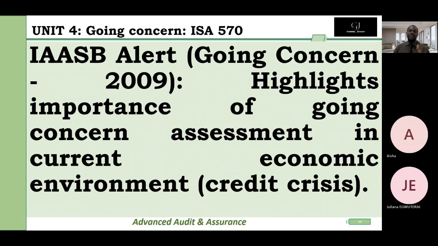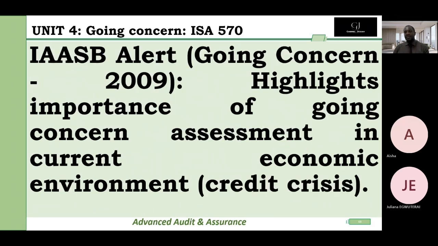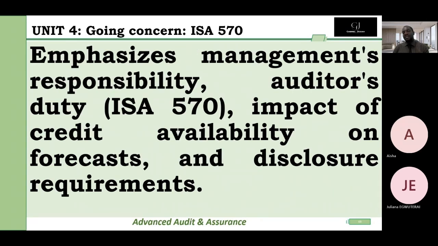We need to understand, especially that of 2009 that came on companies heavily. We need to assess the risks and how they impact a company significantly. So the emphasis on management's responsibility and the auditor's duty, as spoken to or directed in ISA 570, the impact of credit availability, of forecast and disclosure requirements need to be captured very, very importantly.